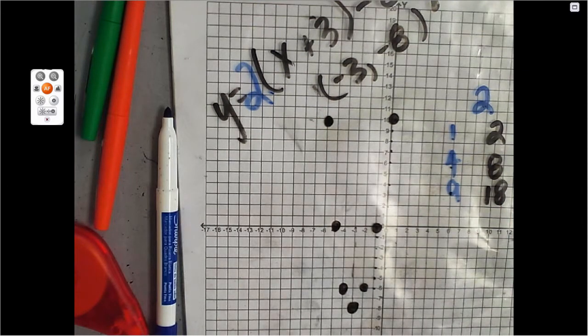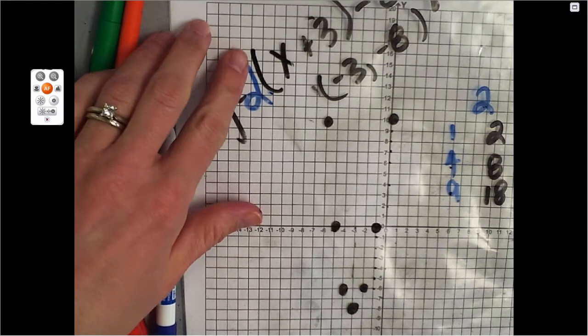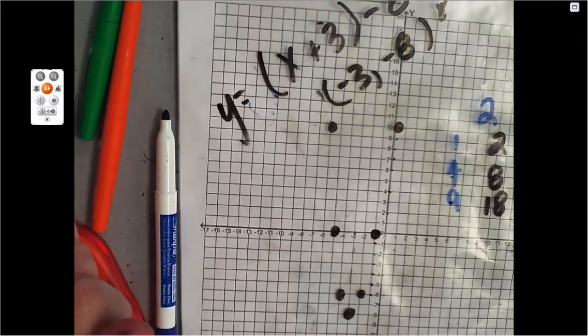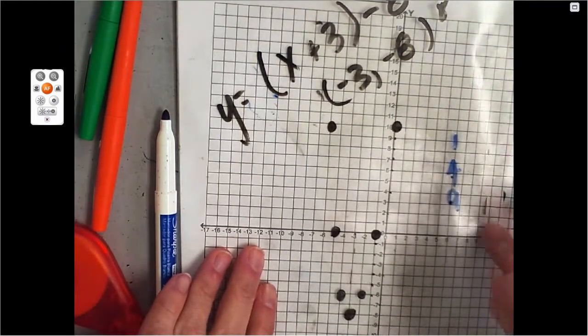It just stretches the parabola. If there is no number on the outside, the step pattern is 1, 4, 9. Whatever the number is on the outside is what you multiply the step pattern by.